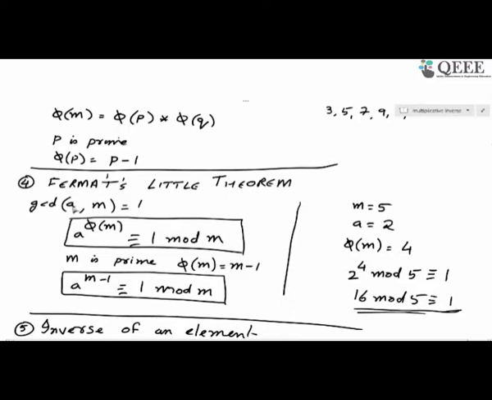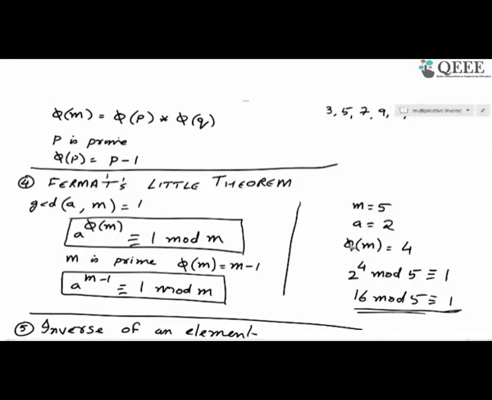Suppose you have some numbers a and m which are relatively prime to each other, and therefore have a GCD of 1. Then Fermat's little theorem states that if you take a and raise it to the power of phi of m, the result will be congruent to 1 mod m. So we had taken a particular example where m equals 5 and a equals 2.